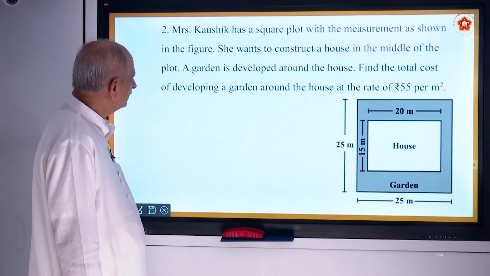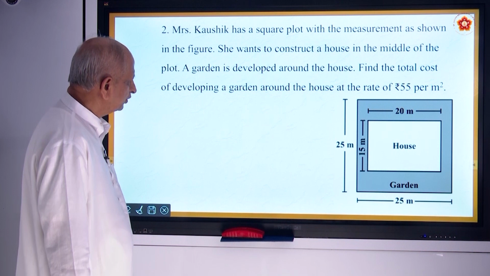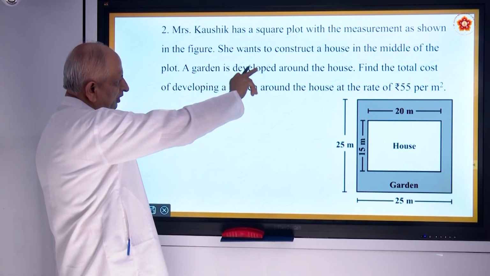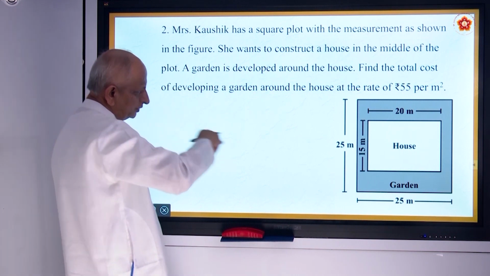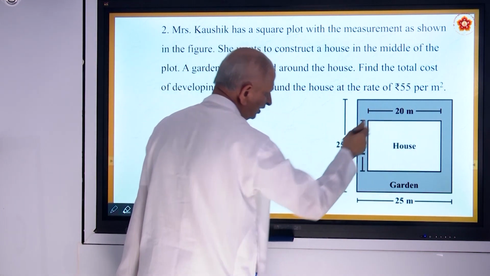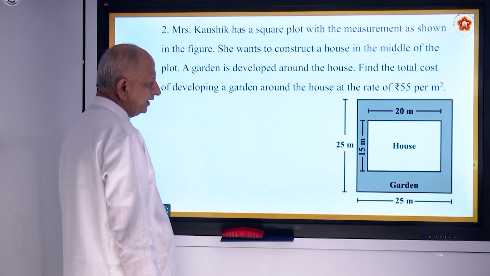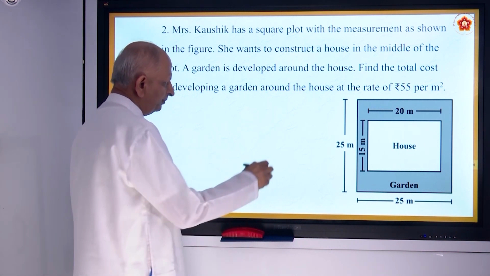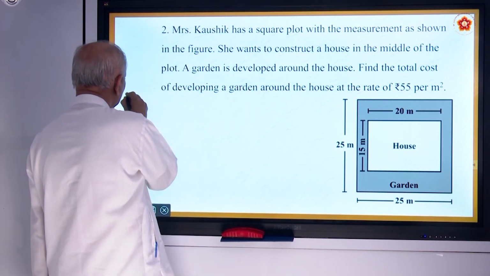Okay. So here you have to do step by step. They are asking, she wants to construct a house in the middle of the plot. So in the middle of the plot, you have to construct a house. And now they are asking, what is the cost? First you must write a solution.